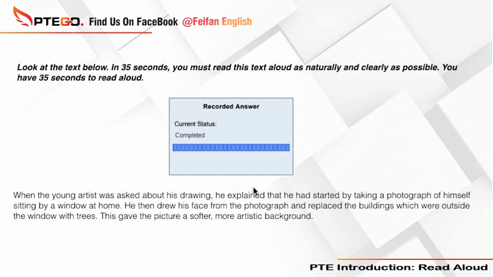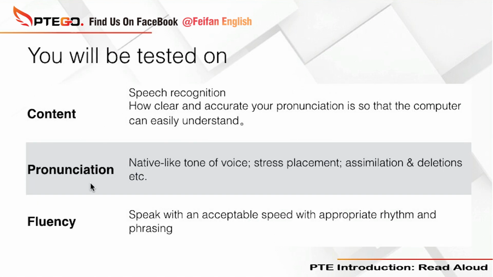This is the status bar which shows your recording, and what you need to take care of in such questions is three things: your content, your pronunciation, and your fluency. Content is comparatively easy to understand in such questions because the content is right in front of you.